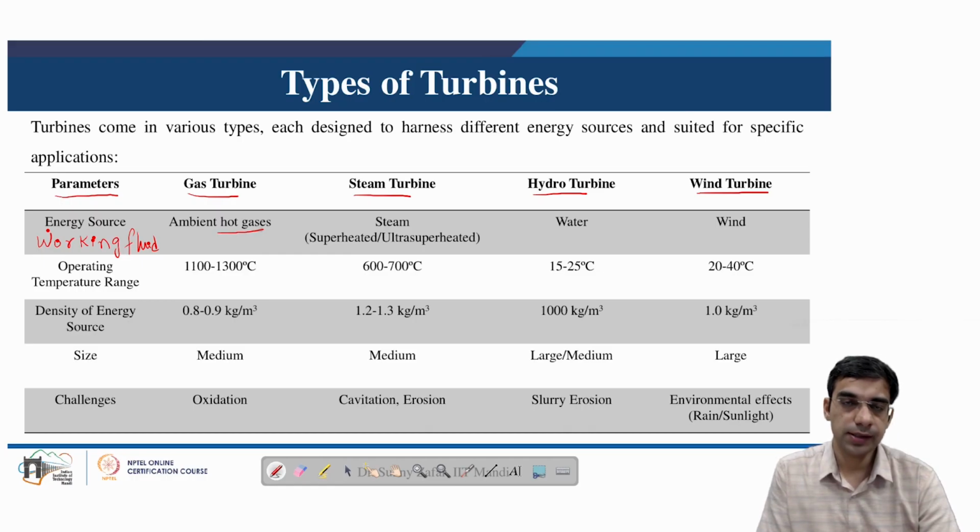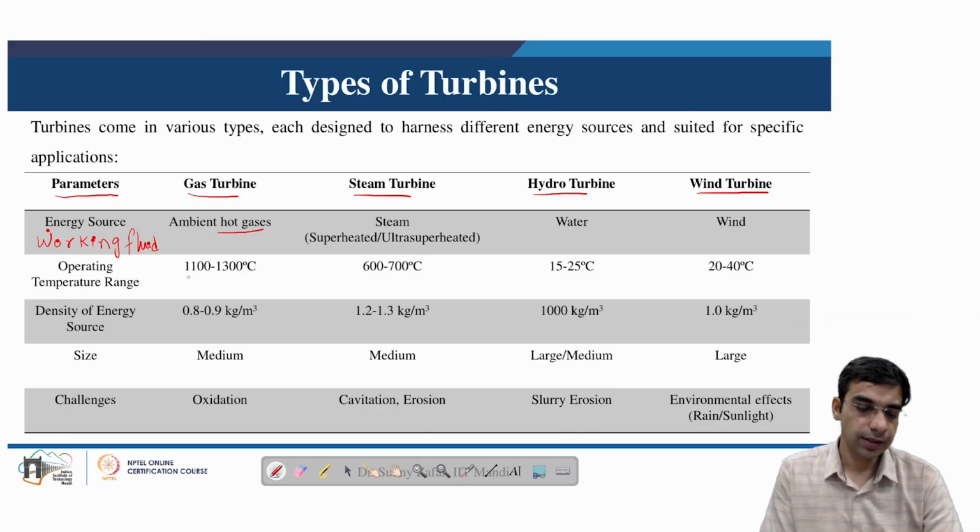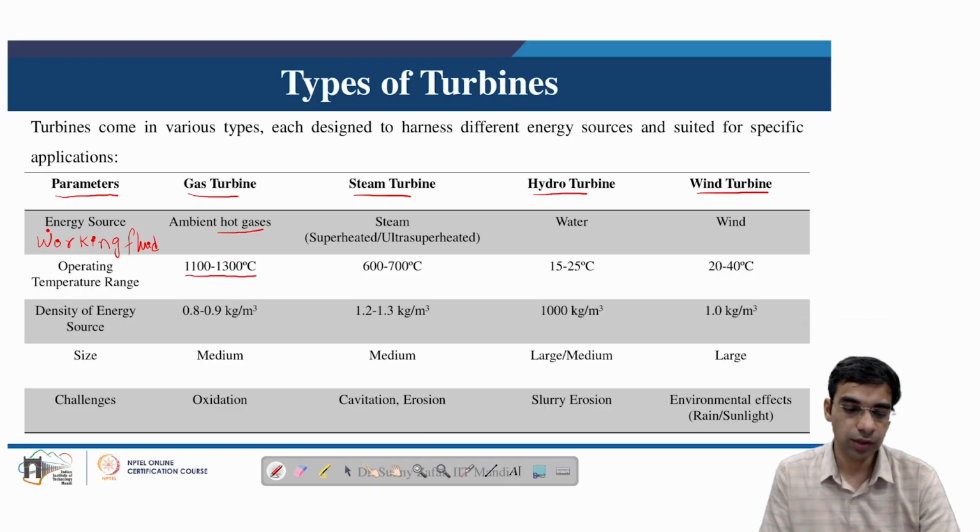These hot gases are then allowed to pass over turbine blades, and they react with the blades and provide impulse to rotate the blades with the help of a tangential force. And because hot gases are involved, the operating temperature range of the gas turbine is of the order of 1100 to 1300.